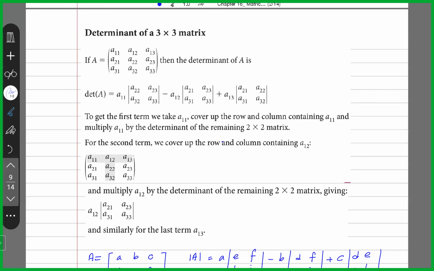All right, so the next thing we're looking at is the determinant of a 3x3 matrix. Here we have A, which is a 3x3 matrix, 3 rows and 3 columns.